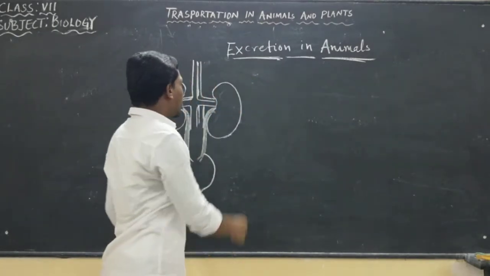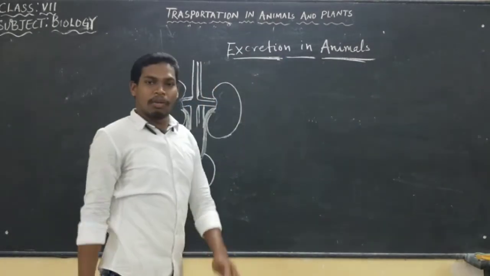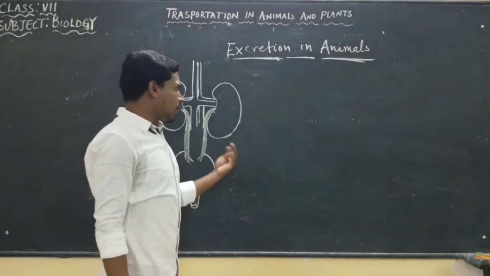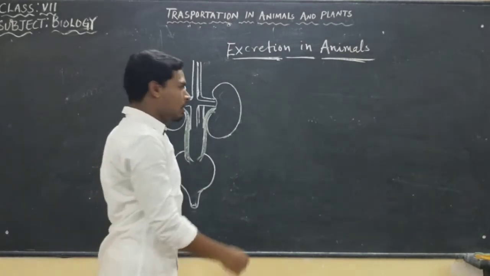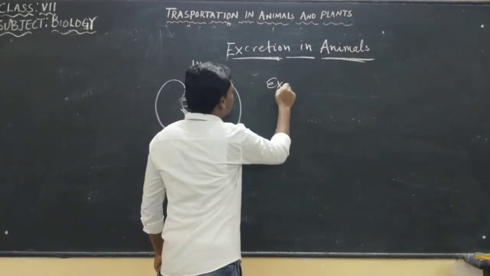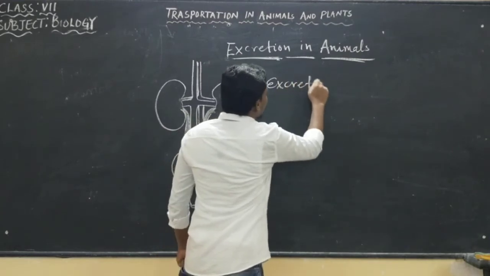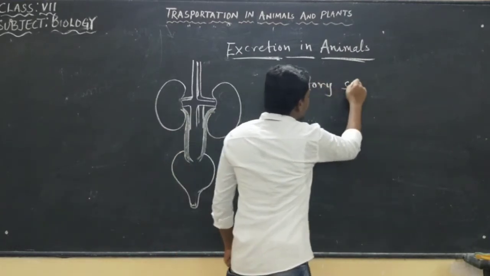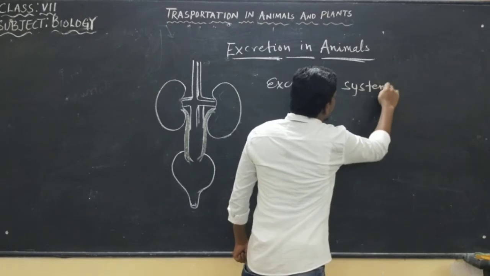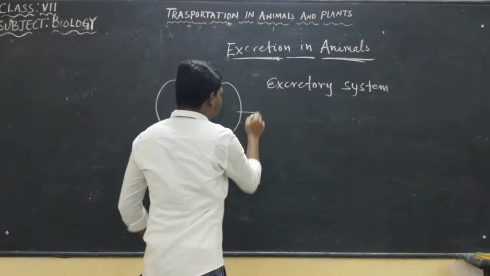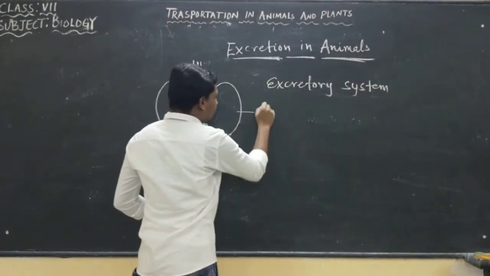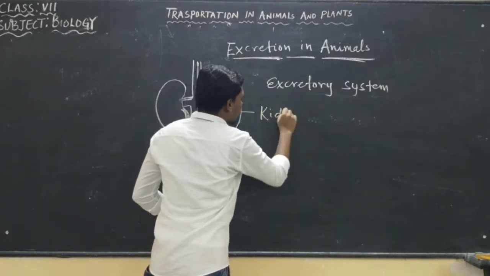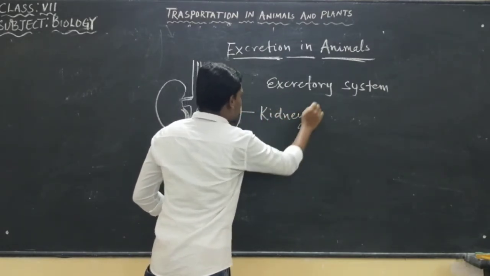Now here we will see how other waste substances are excreted out from the body. For excretion we need an excretory system. The excretory system consists of a pair of kidneys.